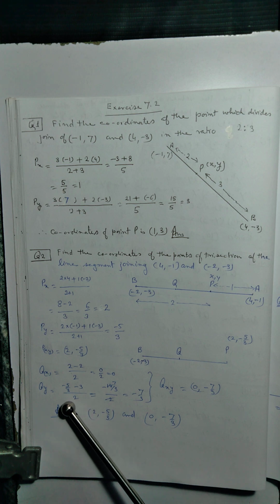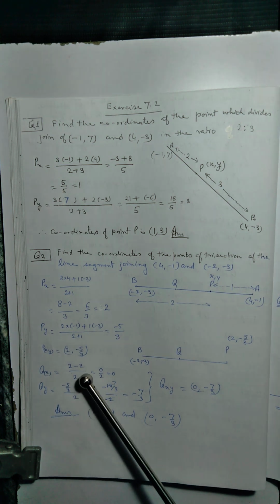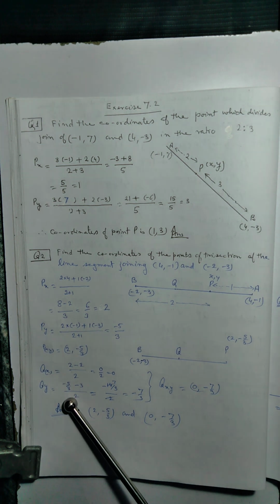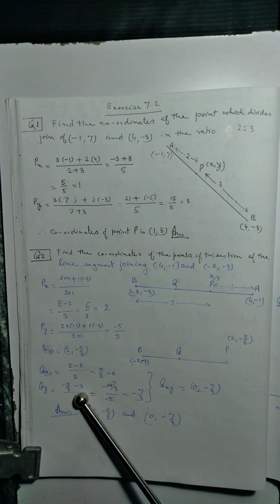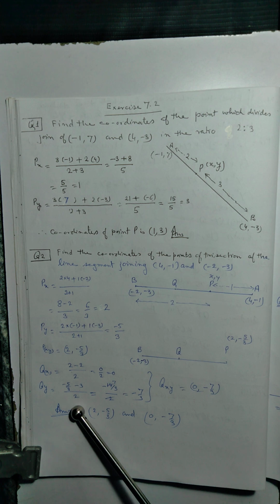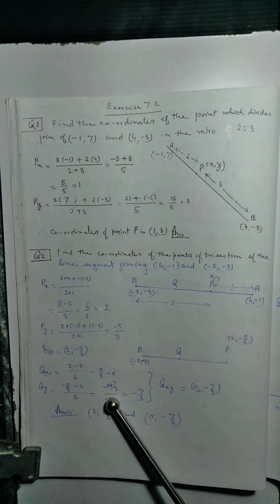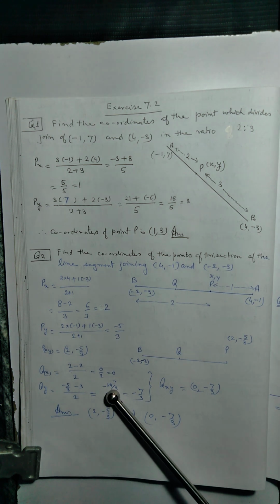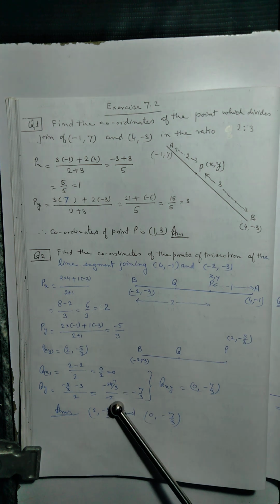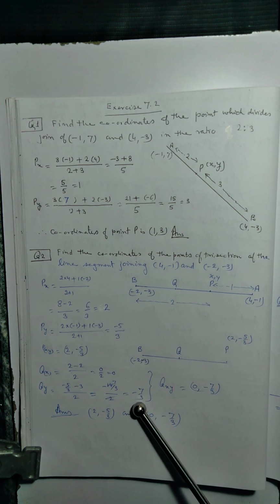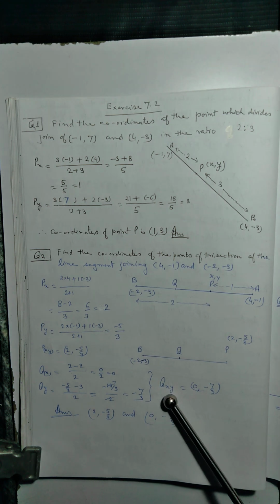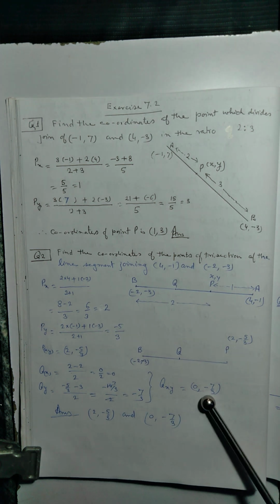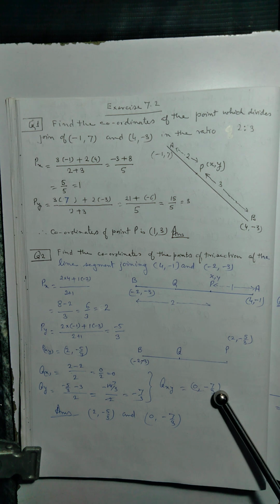So -5 by 3 plus -3, divided by 2. You will get -14 by 3 divided by 2, ultimately -7 by 3. So the coordinates of the point Q will be (0, -7/3).